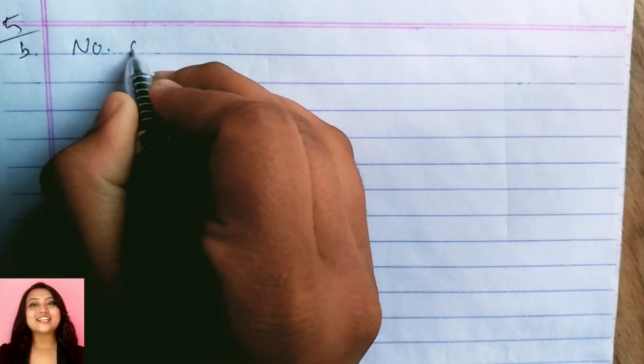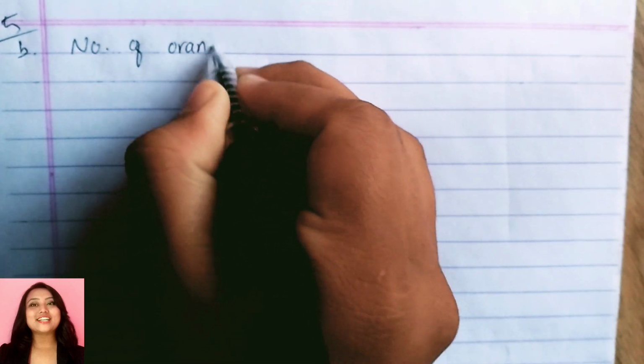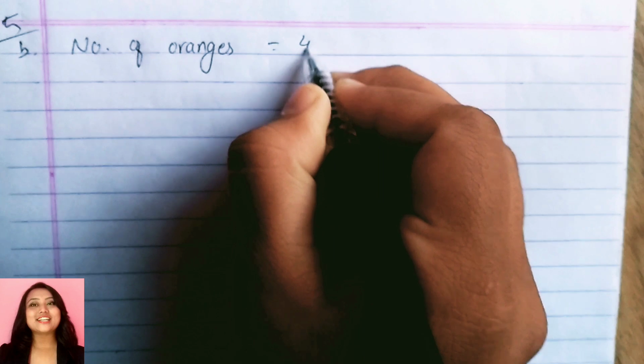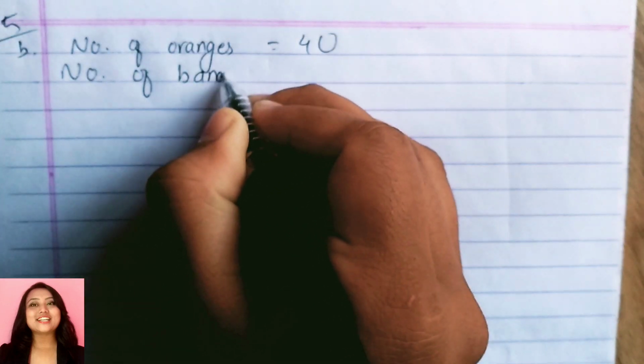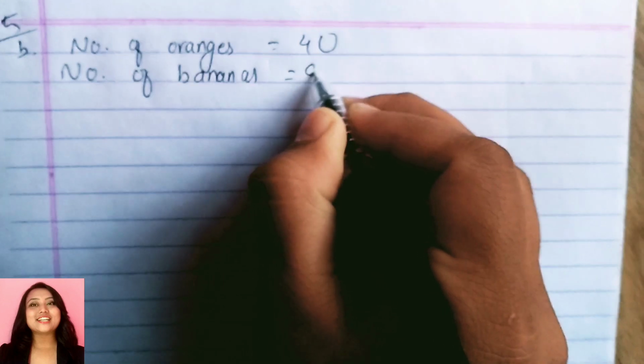So here in question number 5b, the number of oranges equals 40, and the number of bananas equals 90.